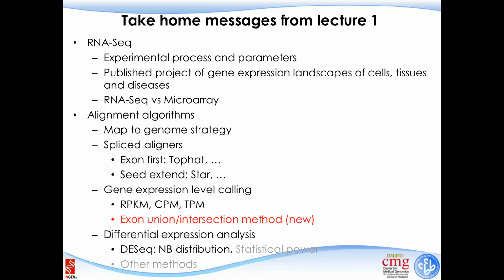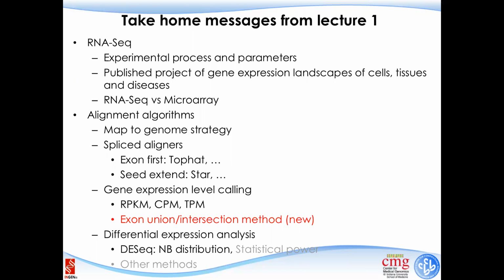So basically what we talked about in lecture 1 is the RNA-Seq, the basic idea of the RNA-Seq experiment, the experiment process and parameters, published projects of gene expression landscapes of cells, tissues, and disease. And also some differences between RNA-Seq versus microarray. And also we talked about the alignment algorithms, including the map to genome strategy and spliced aligners, including 2 kinds of methods.